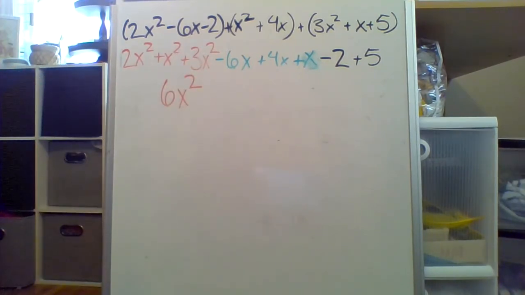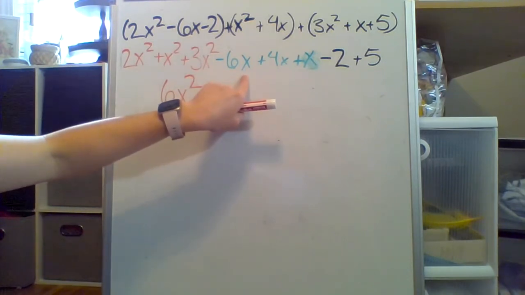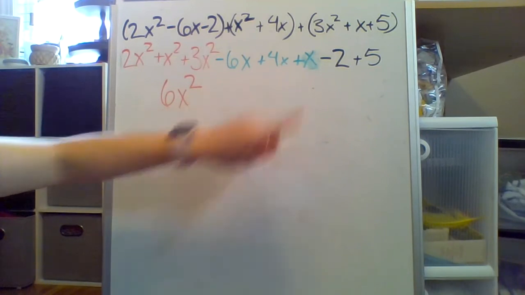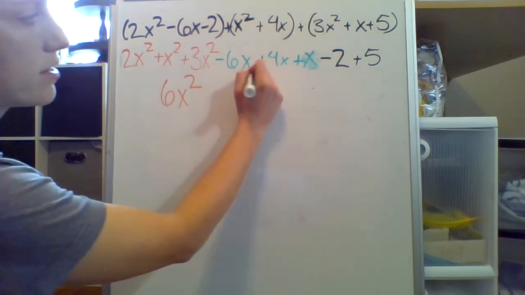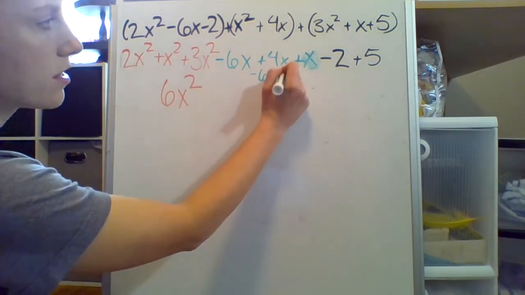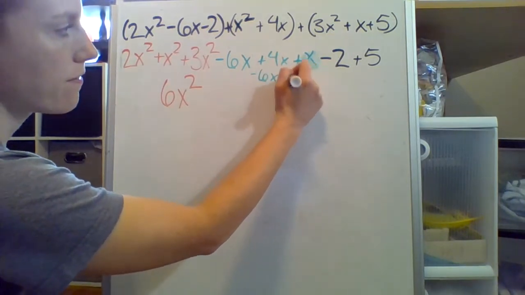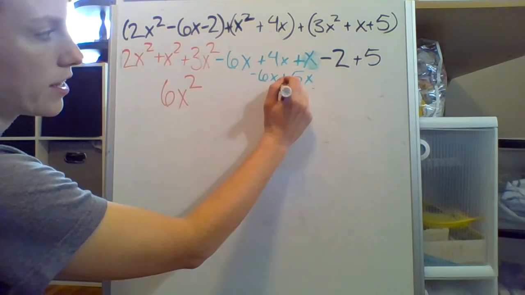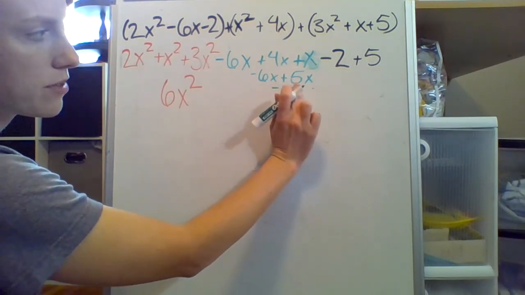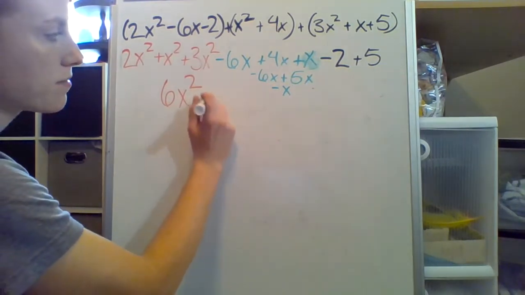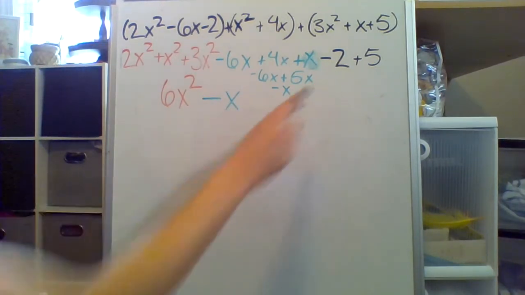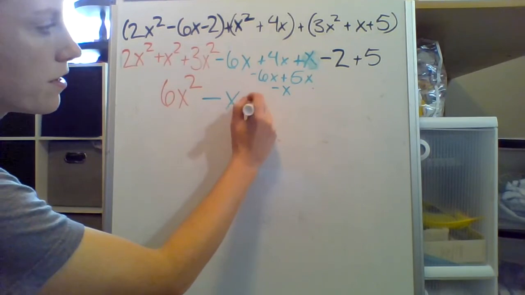Then next we have our negative 6x plus 4x plus 1x. That's the same thing as negative 6x plus 5x. We end up with negative x, because negative 6 plus 5 is negative 1x. And then lastly, negative 2 plus 5.